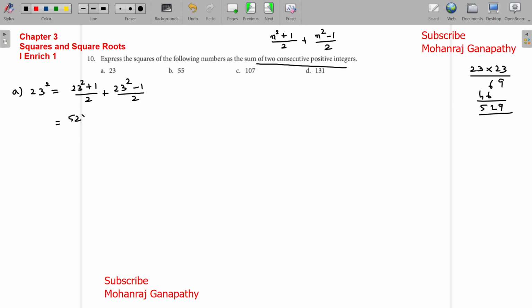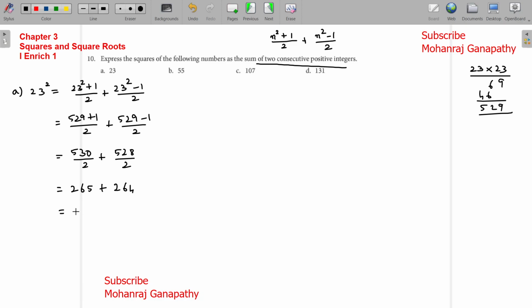So (529 plus 1) by 2 plus (529 minus 1) by 2. 529 plus 1 is 530 by 2, plus 529 minus 1 is 528 by 2. 530 divided by 2 gives us 265, plus 528 divided by 2, 264.